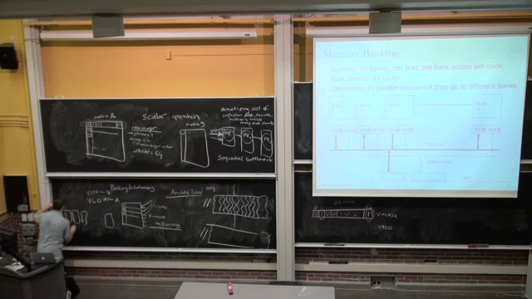Your words are interleaved such that 0th word is here, 1st here, 2nd here, 3rd, 4th, 5th, 6th, 15th here. And now you wrap: 16th word is here, 17th word is here, 18th word is here, 31st here, and then 32nd is here. So all of your accesses now go to this same bank. This is called a bank conflict.